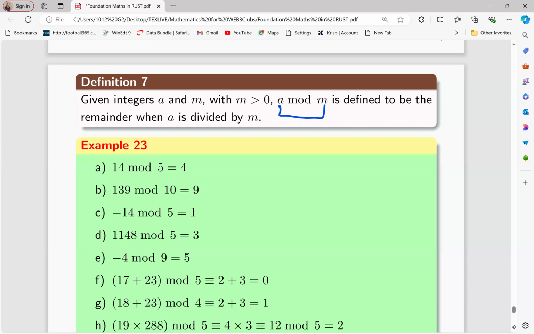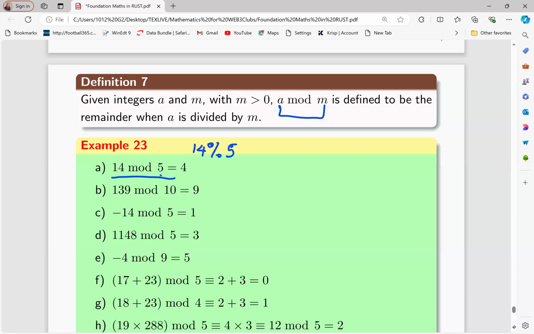So 14 mod 5. We're asking ourselves, what is the remainder on dividing 14 by 5? Earlier on, we had talked about that. When we talk about the remainder, you write it as 14 mod 5.